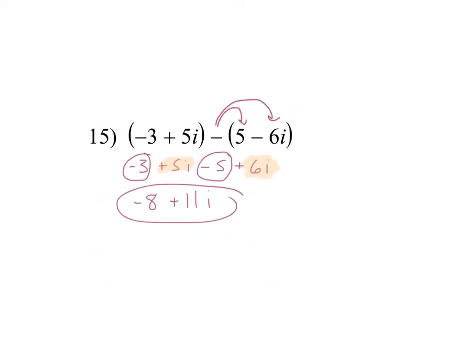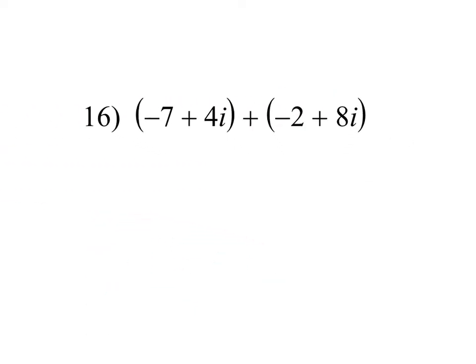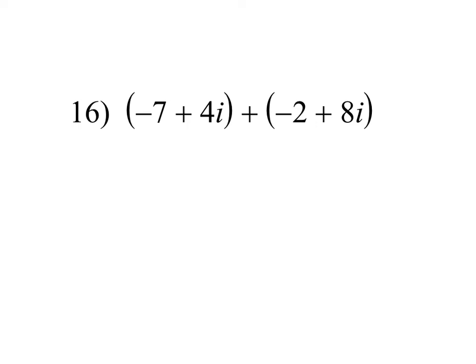Okay, let's go to 16. So right away, we can just drop the parentheses since we have a plus sign in the middle. So we have negative 7 plus 4i minus 2 plus 8i. Chanel, what are our real numbers here? Negative 7, negative 2.